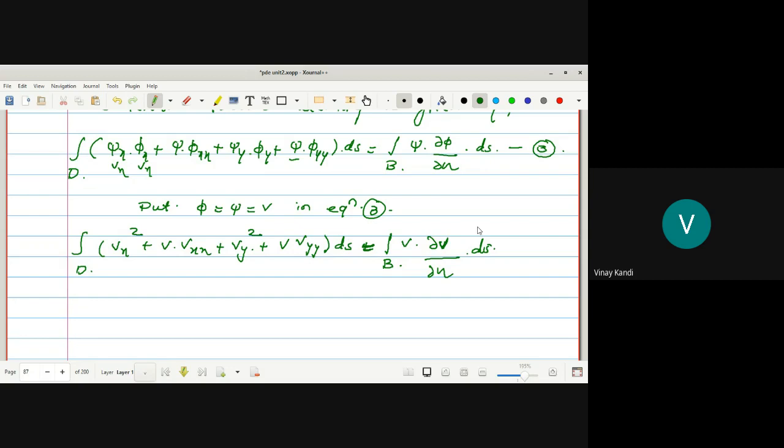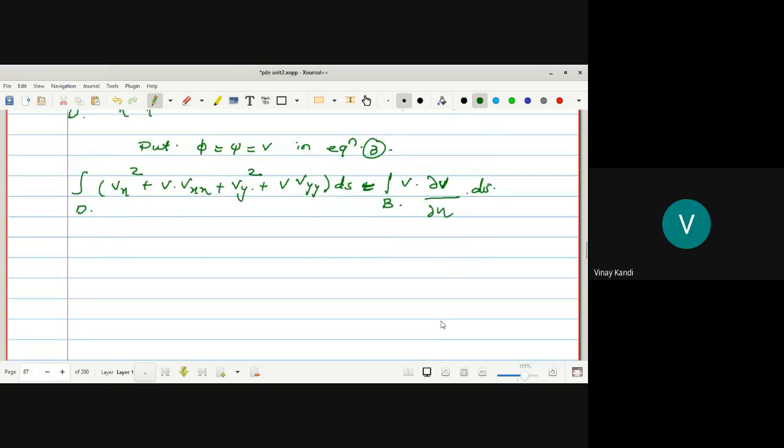Now take V common from this one. So this is the integration on D of Vx square plus Vy square. So this is the value of del V bracket square, where del is d by dx of i bar plus d by dy of j bar.